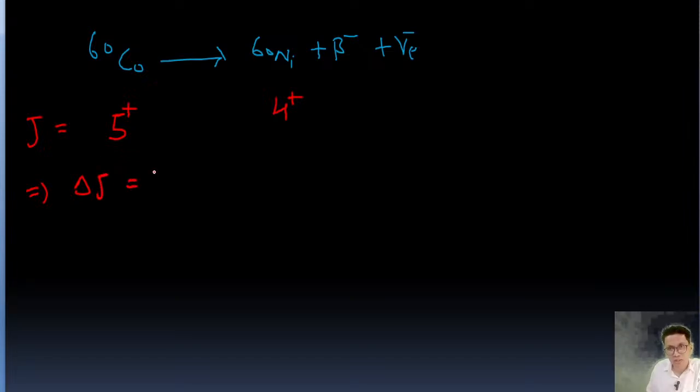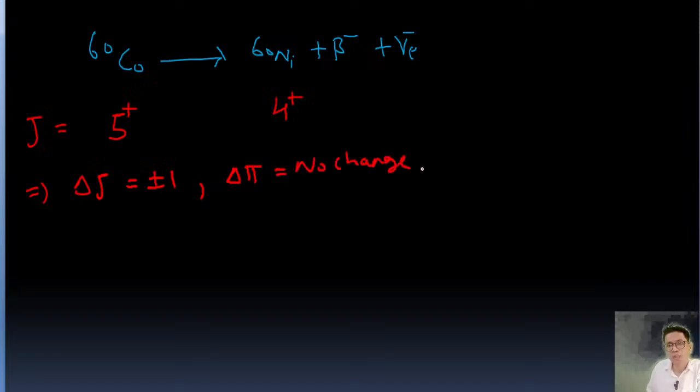Delta J is going to be plus or minus 1, and we can also see there is no change in parity: it is plus and plus, so delta pi is equal to no change.